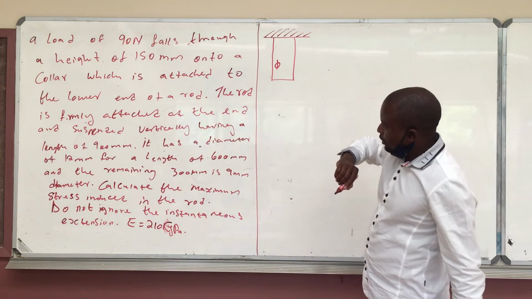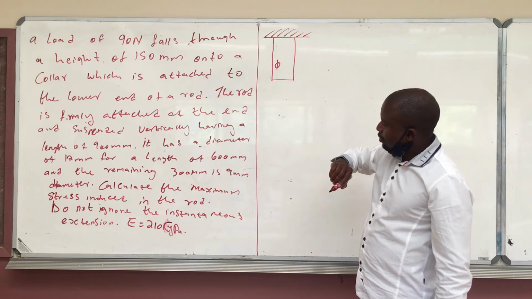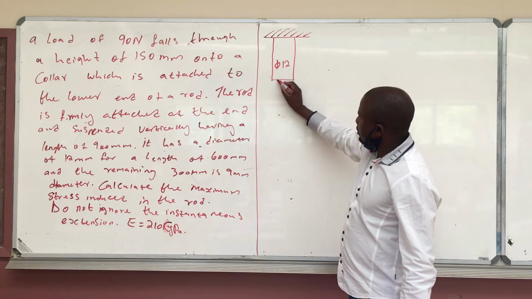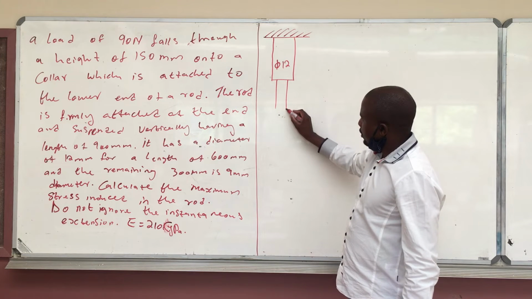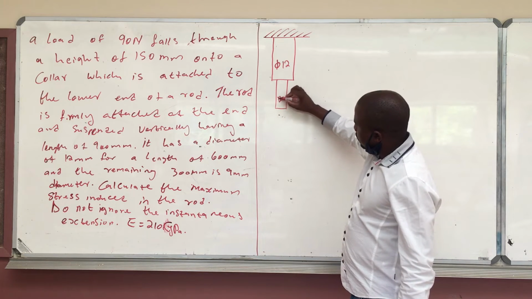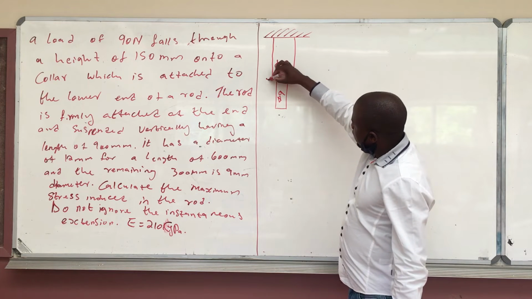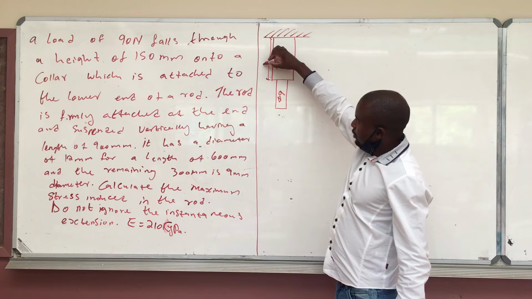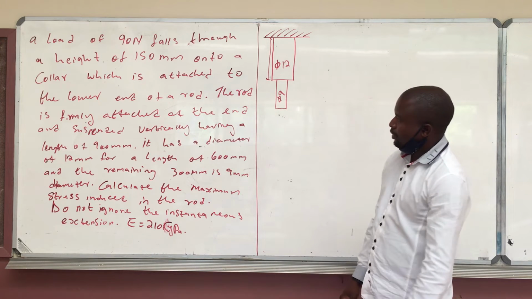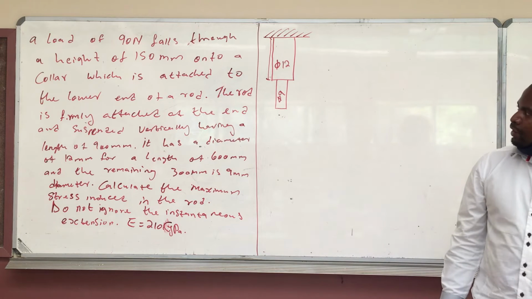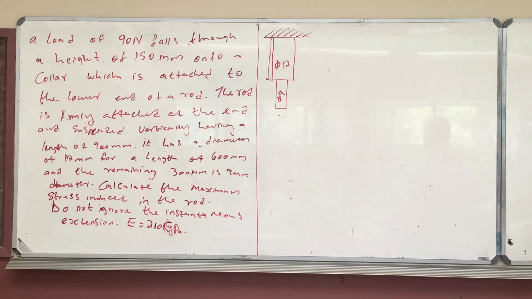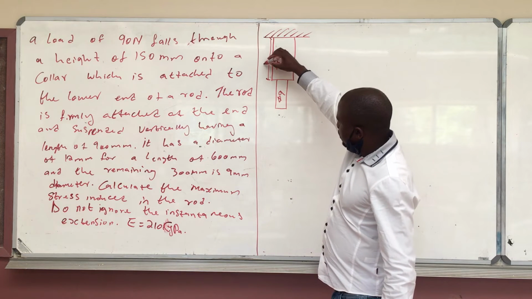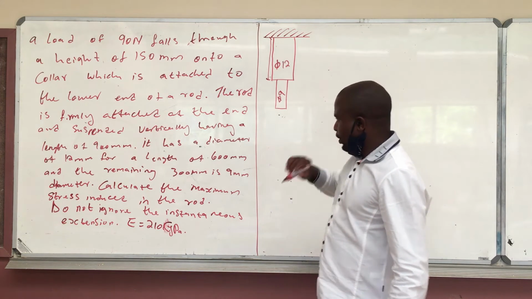What's the diameter of this one? It's 12. And the diameter of this one? How long from there to there? 150. They say the weight falls 940.